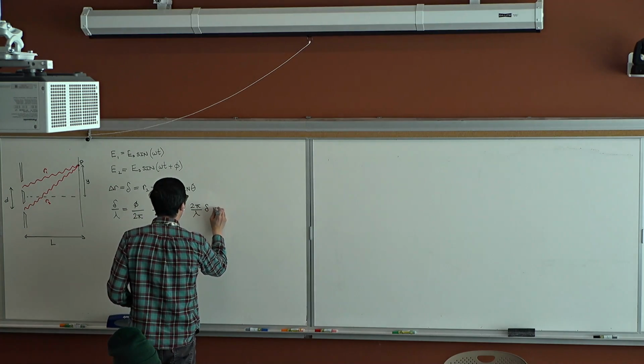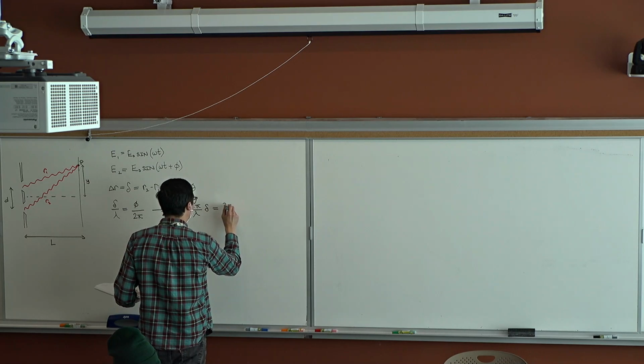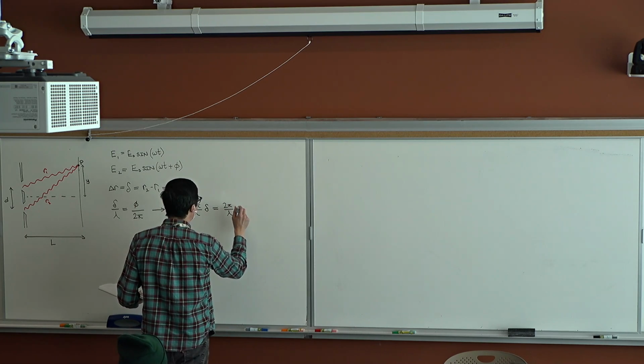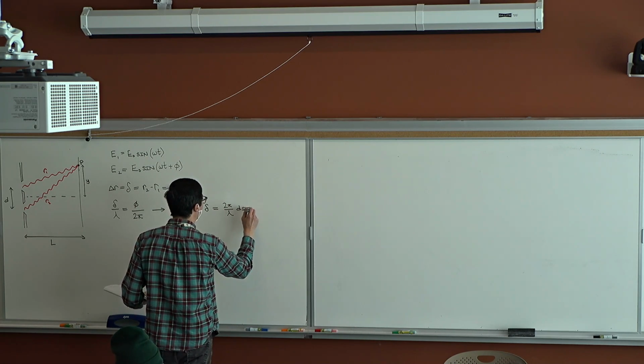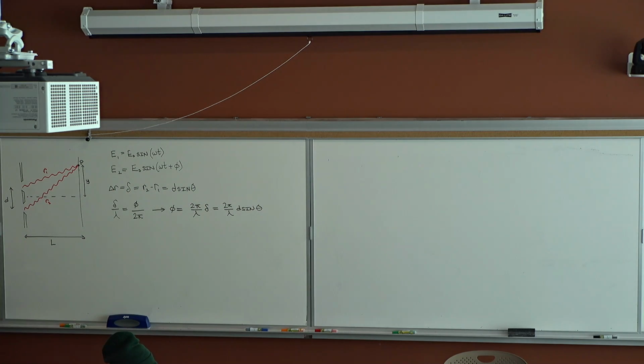And so we could rewrite this as 2 pi over lambda times d sine theta. Yes, no, maybe so? In here, the wavelength is the wavelength of the monochromatic coherent light source, the stuff that we're making interfere when it gets to here.